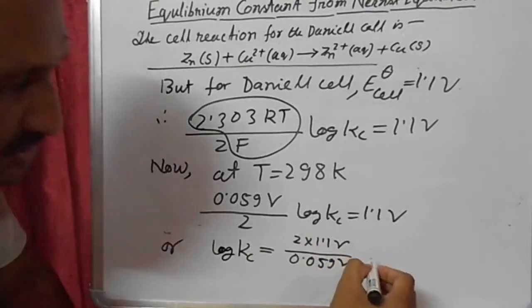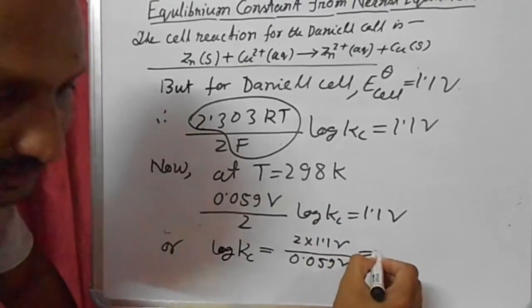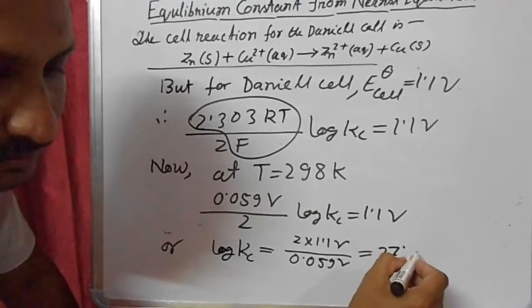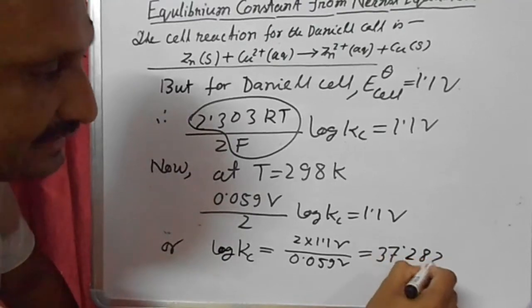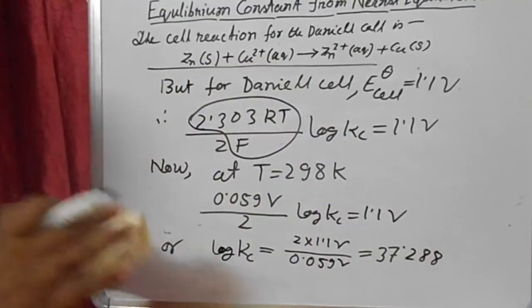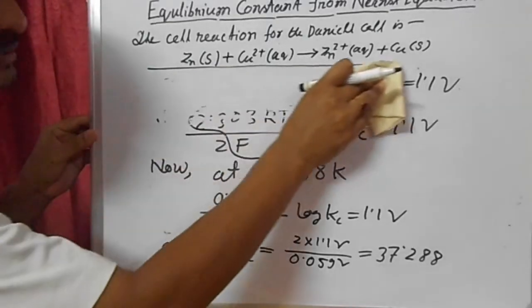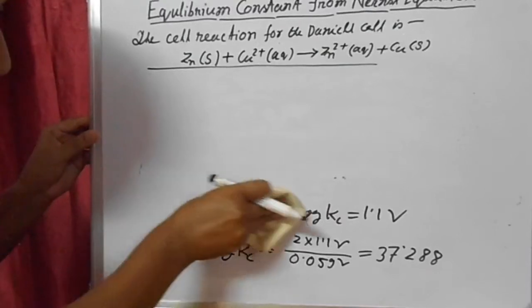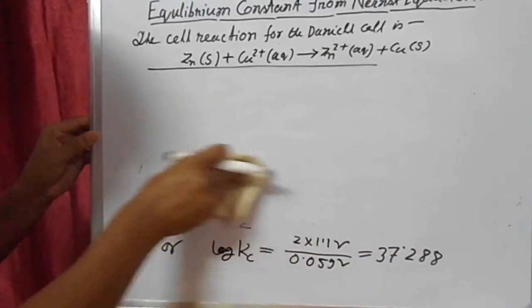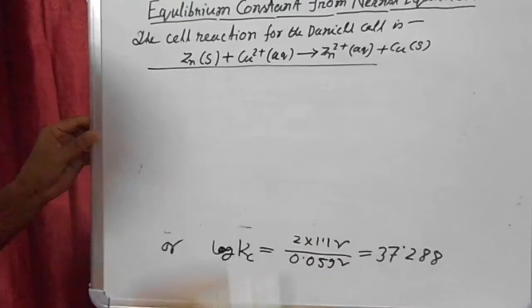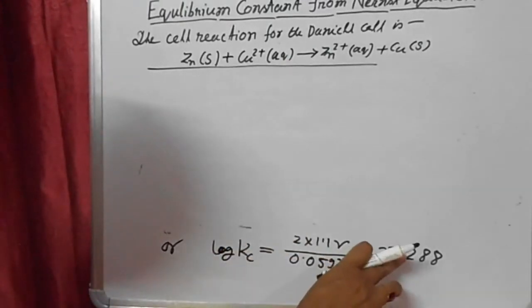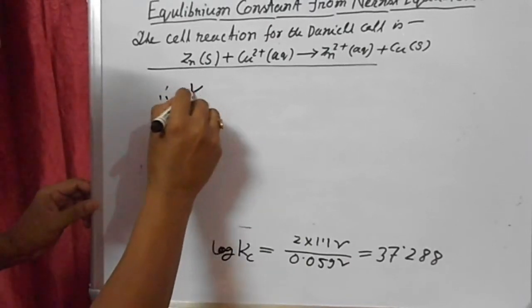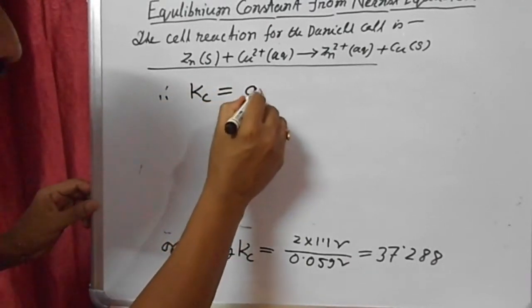If you do the calculation, that comes out to exactly 37.288. Now, taking the antilog, we can find the value of Kc for the Daniell cell. So log of Kc is equal to 37.288. Therefore, Kc will be equal to antilog of 37.288.